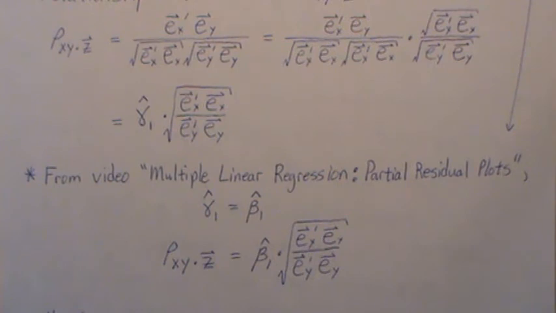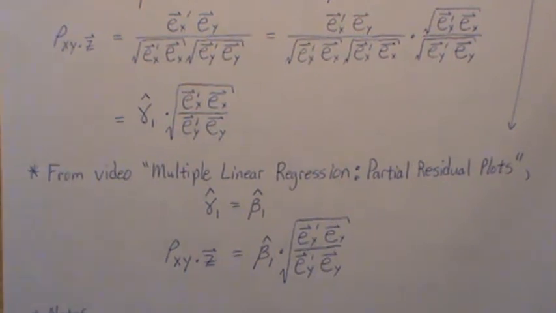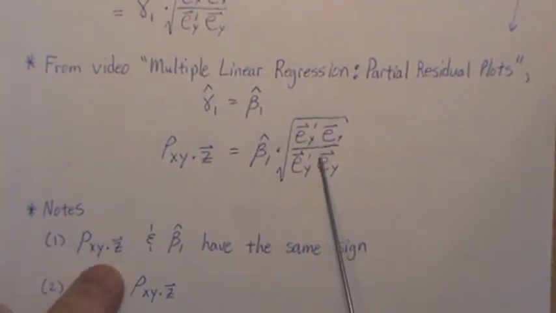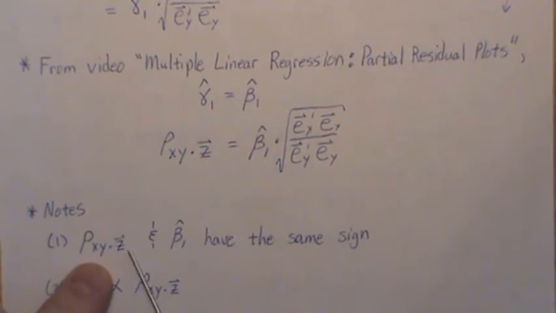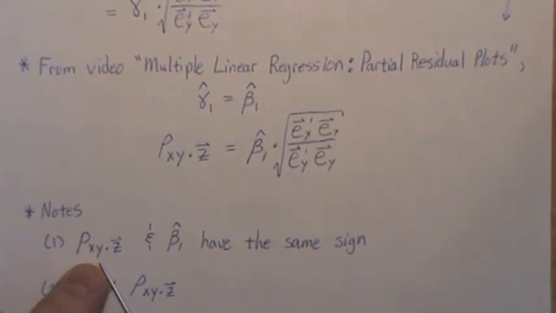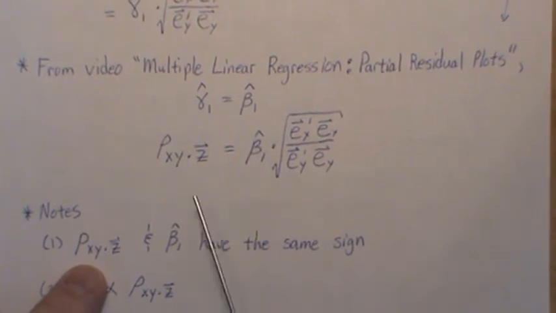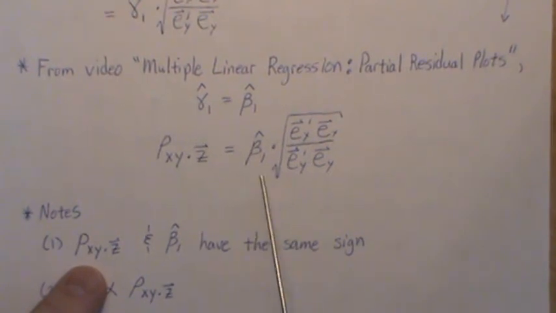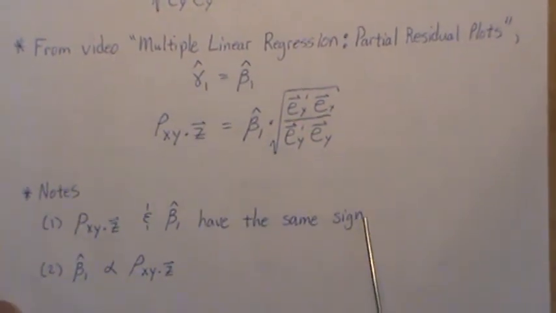It just feels like they should be. Well, mathematically, they are. And since this is always positive, the sign of the partial correlation, whether it's positive or negative, is 100% equal to the sign of beta 1. So if this is negative, that has to be negative. If this is positive, that has to be positive. They have the same sign.